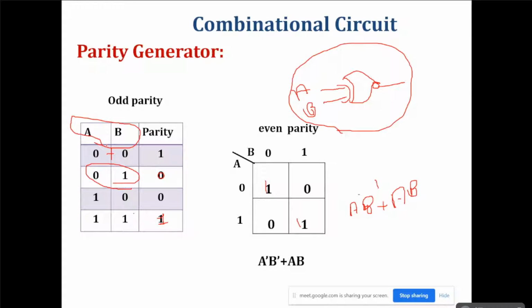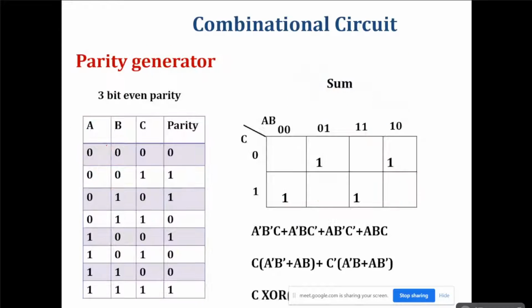If the data contains 3 bits, then for even and odd parity, we have to take 3 bits, and if there are 3 bits, the combinations will be 8. So for the 8 combinations, we will make the truth table, and this is the truth table for the even parity 3-bit data code.